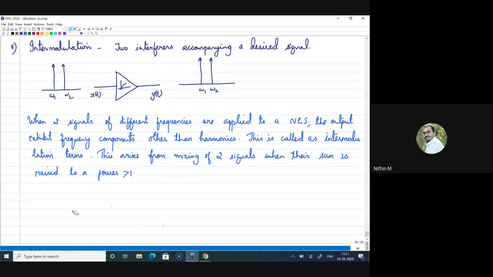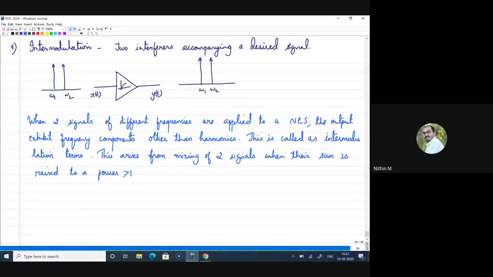Probably you'll be wondering what this is. It is as simple as this: there are two signals appearing at the input. When they pass through a nonlinear system, if the sum of those two signals is raised to a power greater than unity, for example x1 of t plus x2 of t the whole squared, that is, a1 cos omega 1t plus a2 cos omega 2t the whole squared, that will definitely result in some new terms. That is what is meant here.